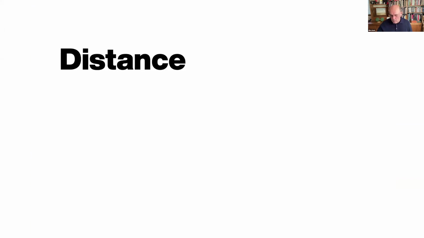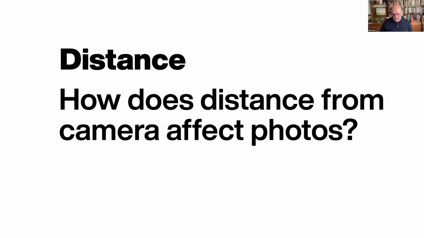Distance is probably the single variable that people don't think about fully. And I wish I could hear your responses, like the sense of how does distance affect what you feel from a given photograph.